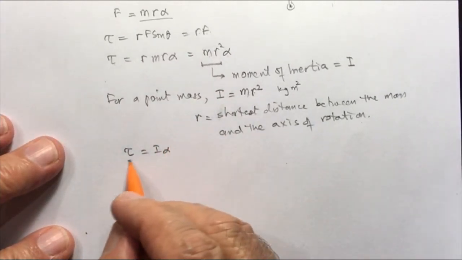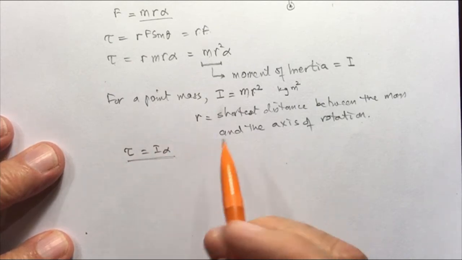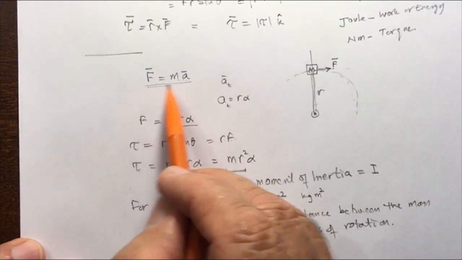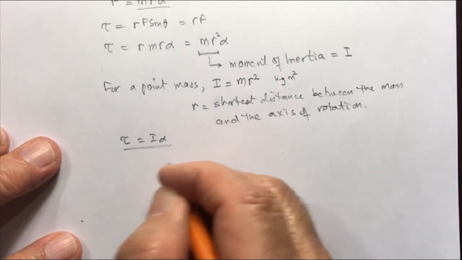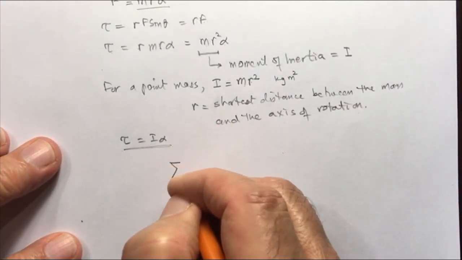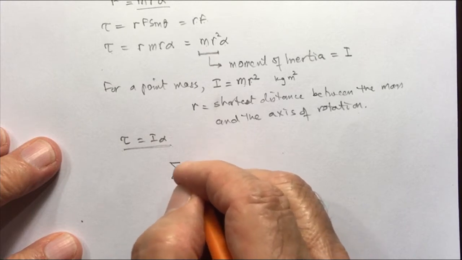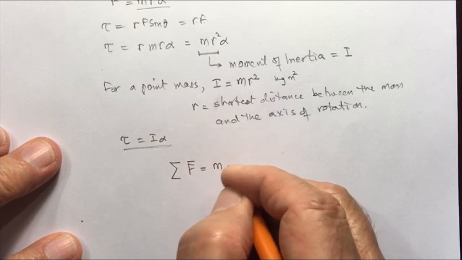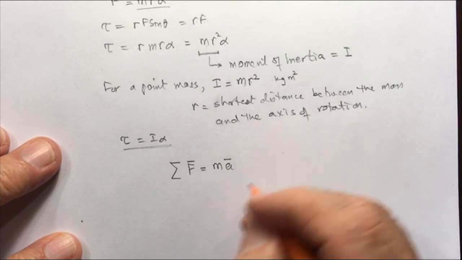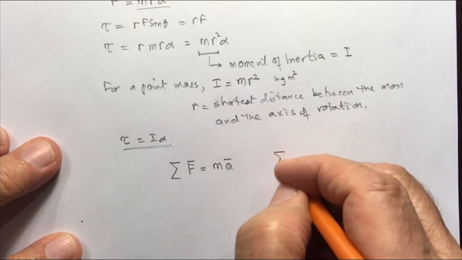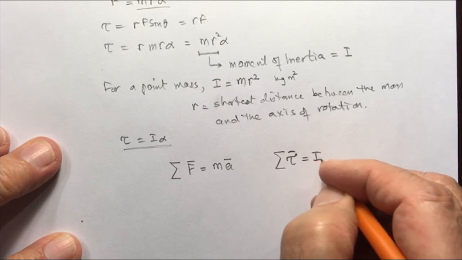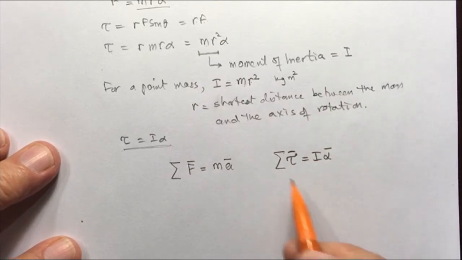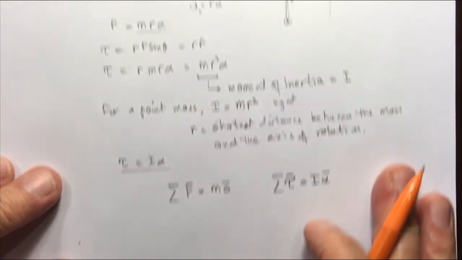And this is similar to the second law in linear motion. So just to rewrite them here, in linear motion, the sum of forces is ma, and in rotational motion, the sum of the torques equals I alpha. And we say sum because there may be more than one force.